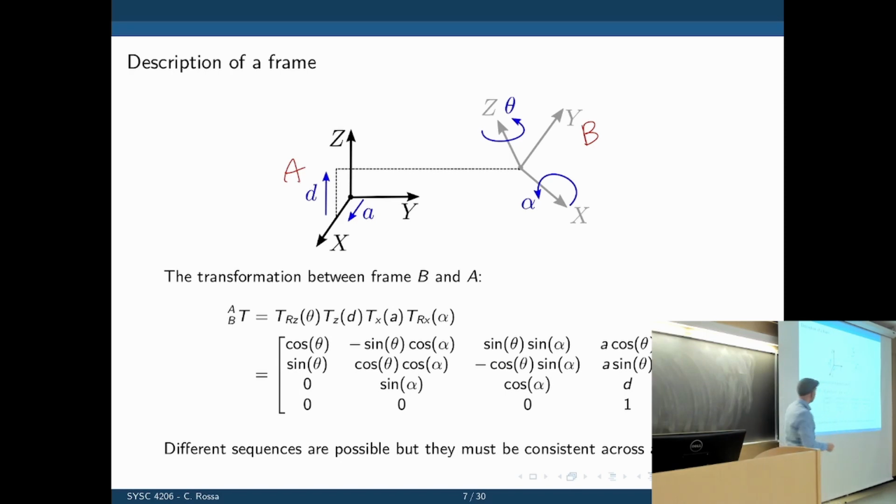And the result of that manipulation is this nice matrix here. So we now have theta and alpha as the rotation angles, d, the translation across Z, and what else do we have?